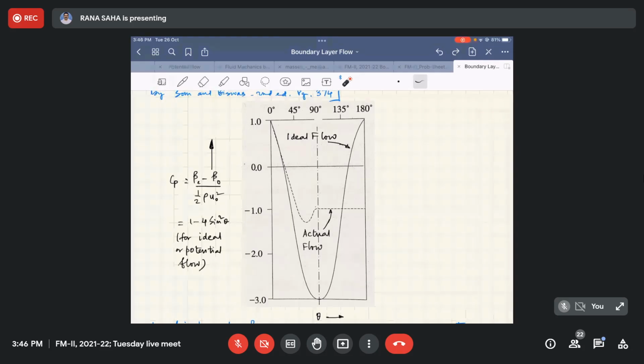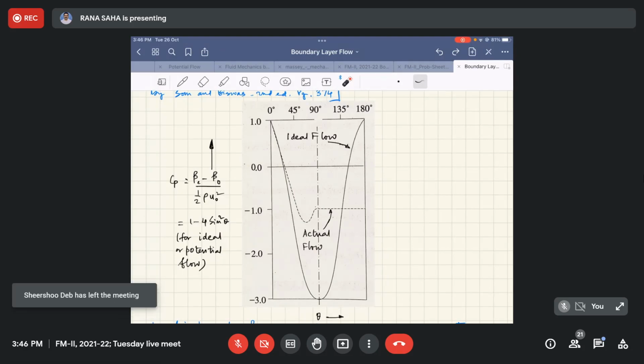But the moment you have this boundary layer concept, this is what actually happens, where you have the pressure recovery incomplete, resulting in this amount of deficit in the pressure.